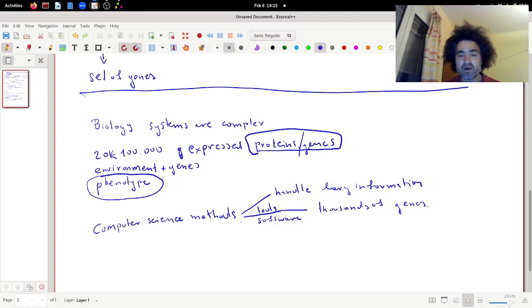But this is not enough, because the nature of the data is often stochastic, as we will see later on, and therefore we need statistics to test hypotheses or make predictions.